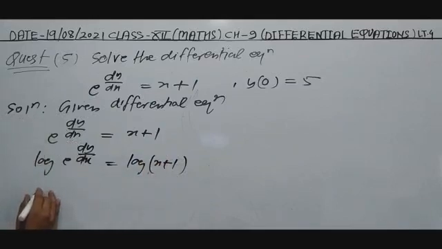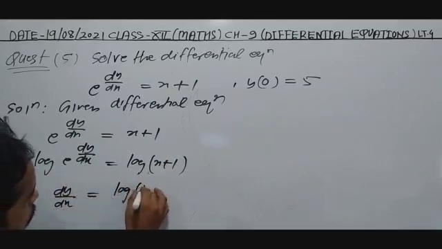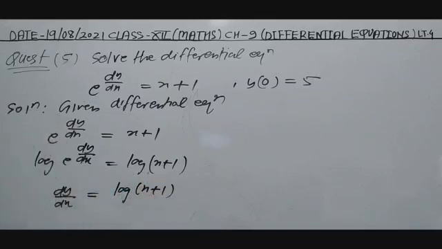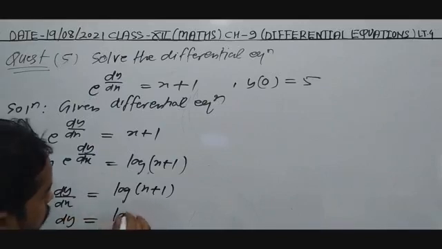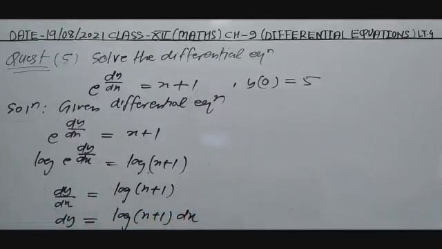Now you know the formula, log of e to the power x, result is x. So this calculation will be dy by dx is equal to log of x plus 1. Now you can separate dy in terms of dx. So dy is equal to log of x plus 1 dx.